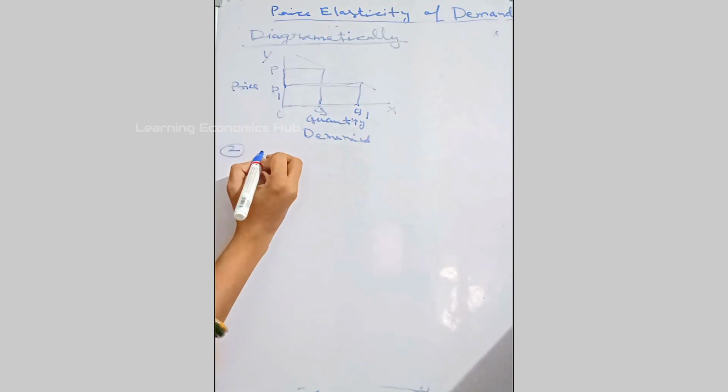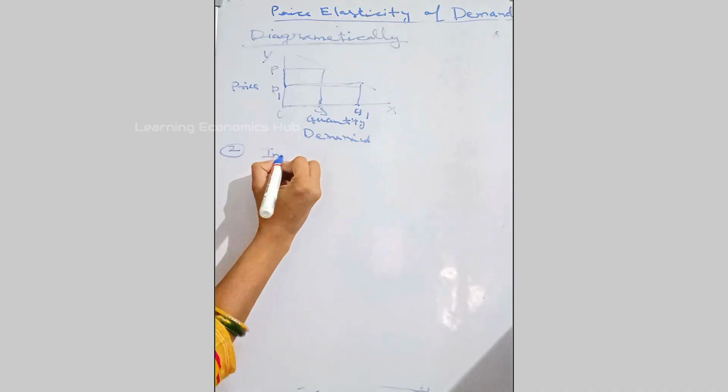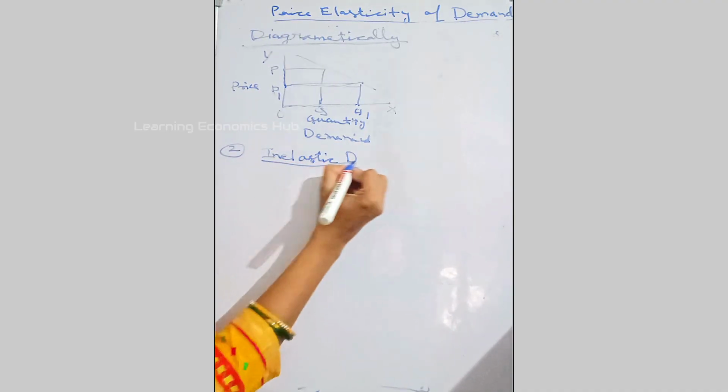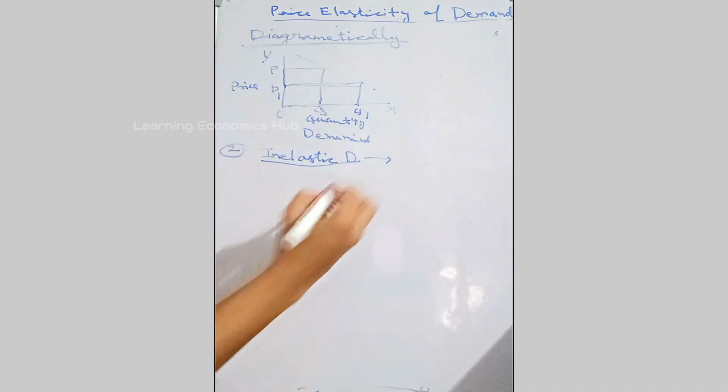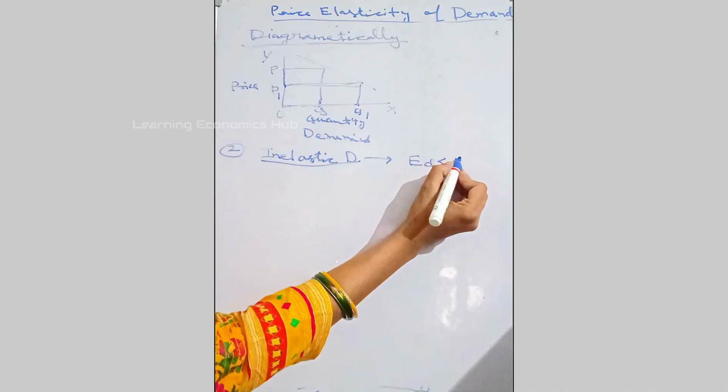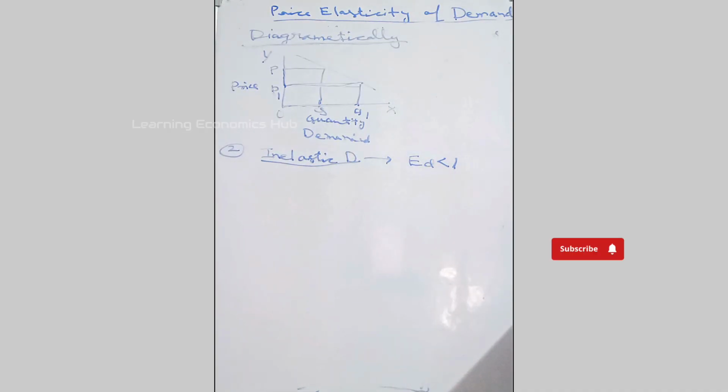The next type of price elasticity of demand is inelastic demand. ED is lesser than 1.